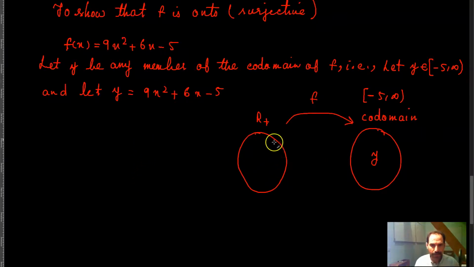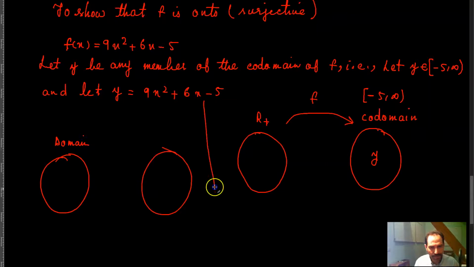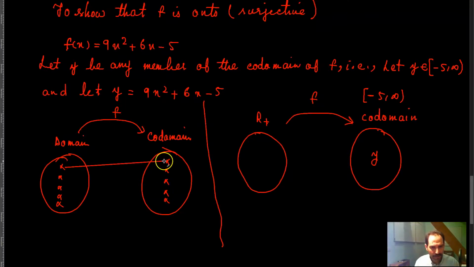It's possible that, for example, I have this set over here, this is my domain, and this is my codomain, and this is the rule on the function, let's call it f, and there are all of these elements over here, and there are all of these elements over here as well, and this element is mapped to this element under f.